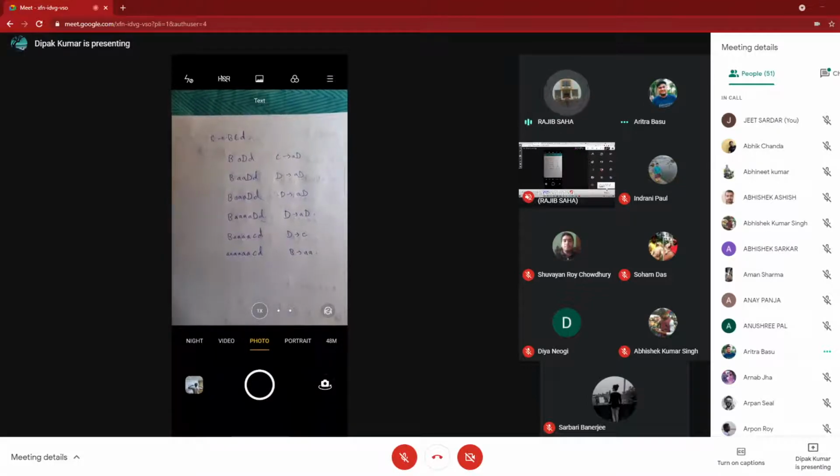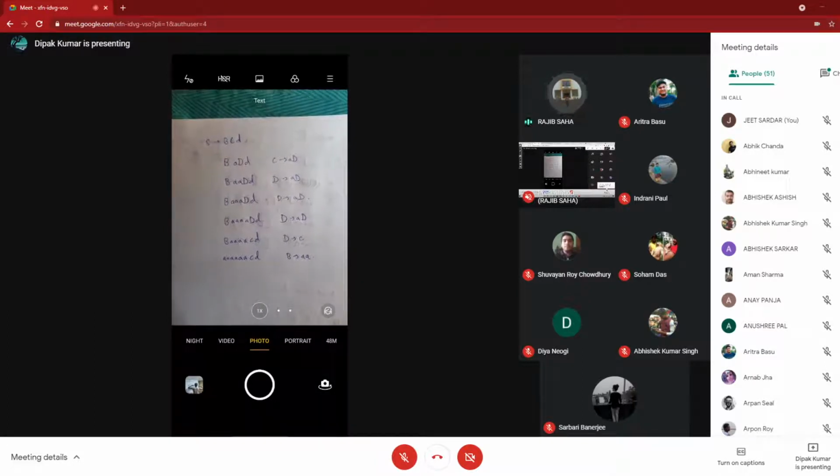Okay, just see everyone what Deepak has done, his screen is visible to all of you. He has replaced the C by AD, then that rightmost D he has replaced again. He actually did not go for the leftmost B. So once the C is replaced, in every step you have to find out the rightmost variable, and you are allowed to replace that only.